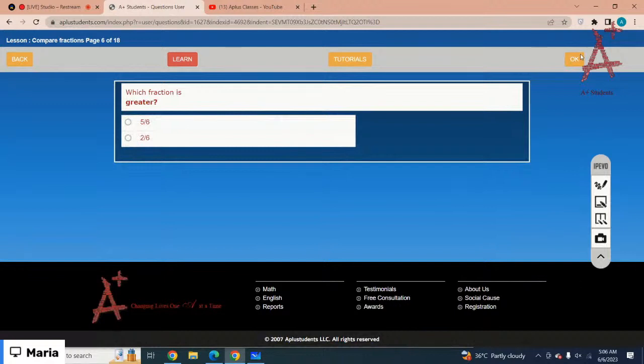Okay, which fraction is greater, 5 by 6 or 2 by 6? The greater one is 5 out of 6.